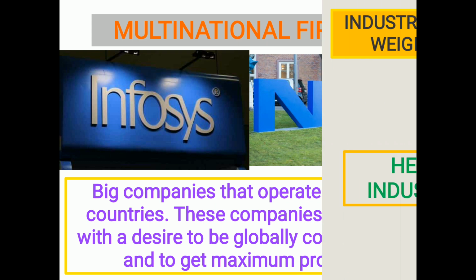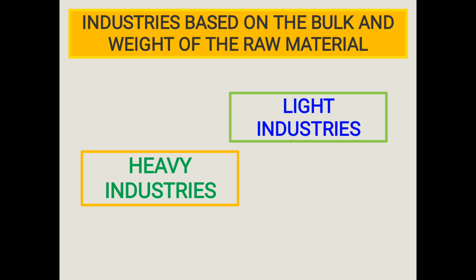Then the next type of industries are based on the bulk and the weight of the raw material. Based on the bulk and the weight of the raw material, there are two types of industries: heavy industries and light industries.